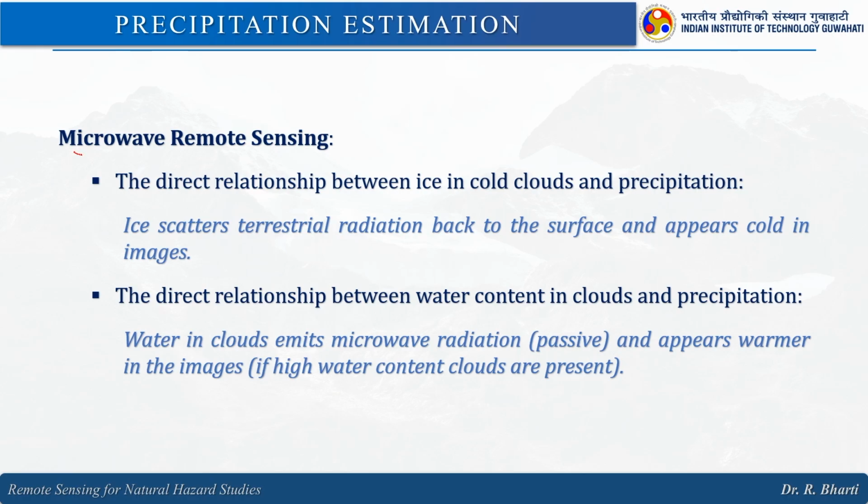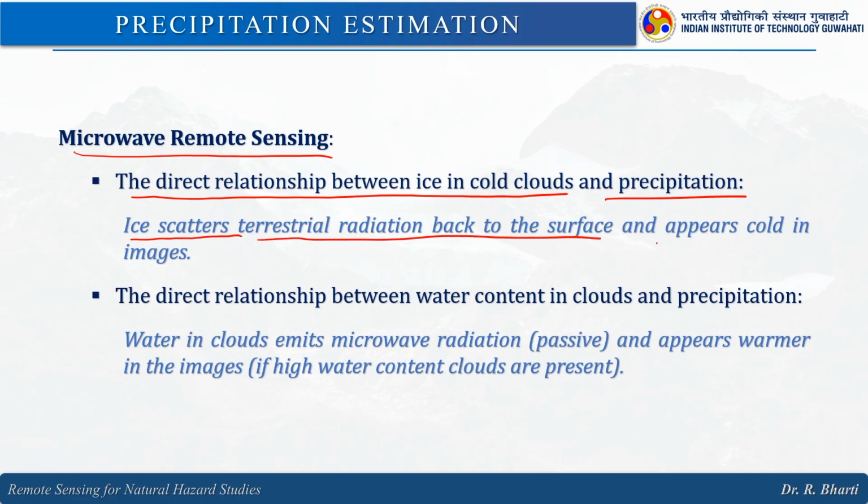Now if you refer to microwave remote sensing, there is a direct relationship between ice in cold clouds and precipitation, which says ice scatters terrestrial radiation back to the surface and appears cold in images. So, cold means the temperature will be low.